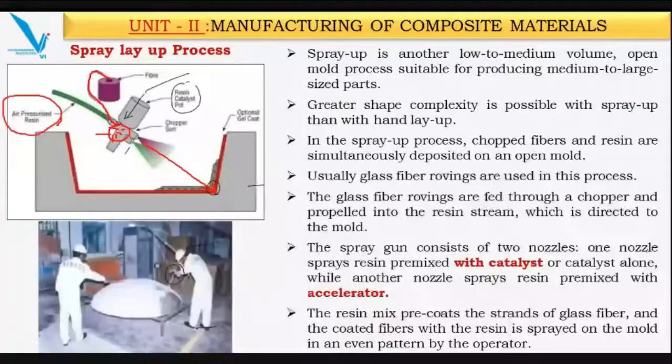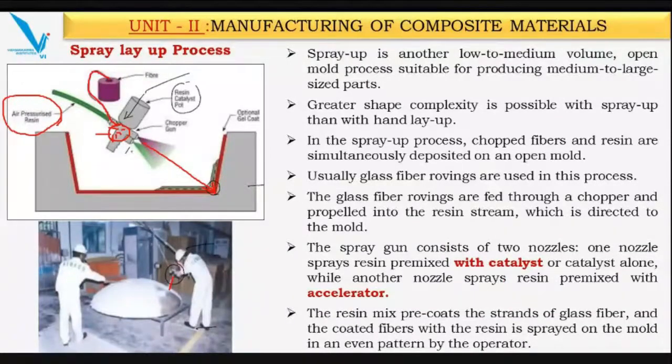Through the nozzle it gives a high velocity, just like a water jet, and at any corner you can spray it. So complicated components, complex shapes or cavities can be covered with the help of this spray process.